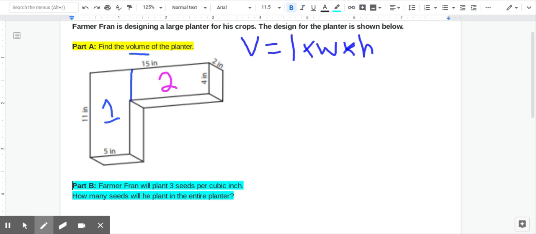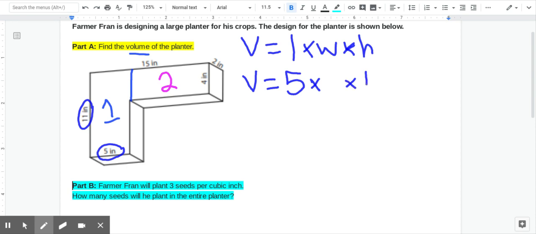Okay, so I already have two dimensions here that I know I will probably need to use. I see 11 inches and I see 5 inches. All right, so we can call those 5 inches would be our length, and 11 inches would really be sort of our height by the way that we're looking at this picture.